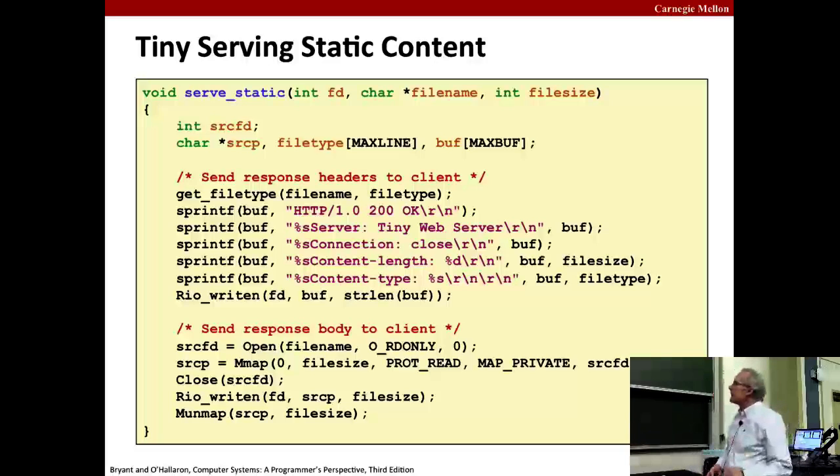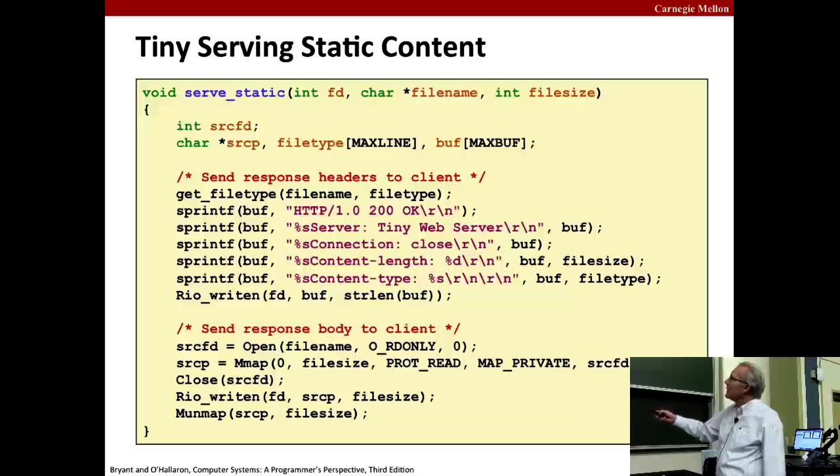And one of the features, which don't ask me why the great wisdom of Tim Berners-Lee did, or whoever figured this out, but every line has to finish with both a carriage return and a new line instead of the usual Linux thing of just new lines. So that's what the \r\n means. But you'll see it's going to respond back with an OK, and some of this kind of information that's not very exciting.